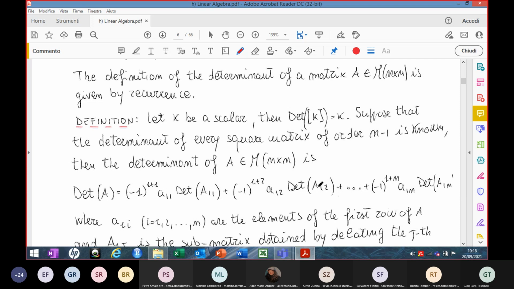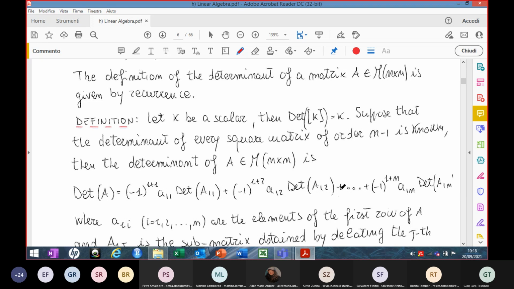Capital A12 is the matrix you get by deleting the first row and the second column of A. So what you get? You get another square matrix of order n-1. But assume that you are able to compute the determinant of a matrix of order n-1, then this determinant is known. Then you have to go so on and so forth along the first row of the matrix.